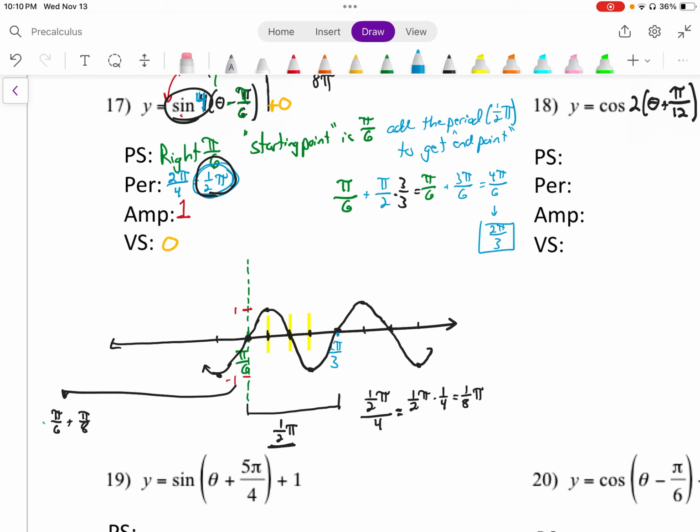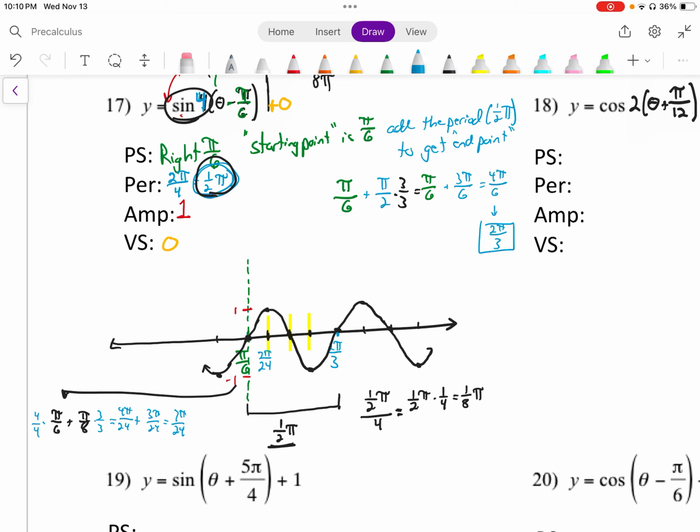So this needs a 4 over 4, and this needs a 3 over 3. So this is actually 4 pi over 24 plus 3 pi over 24 is 7 pi over 24. So this is 7 pi over 24.